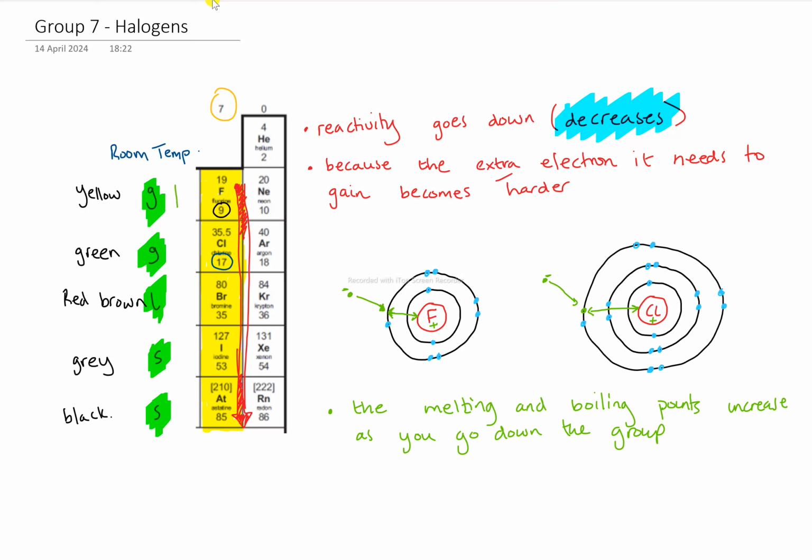So as you go down the group, the melting and boiling points increase.